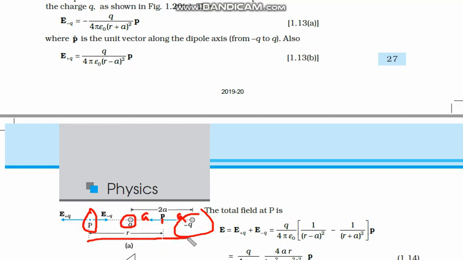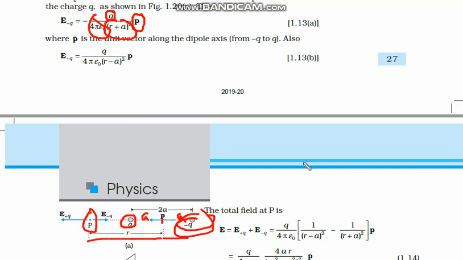So the total distance is r plus a. So it is 1 by 4 pi epsilon naught, charge q, distance square, and the unit vector in the direction of P, which is also called the direction of the dipole. So this is for the negative charge.